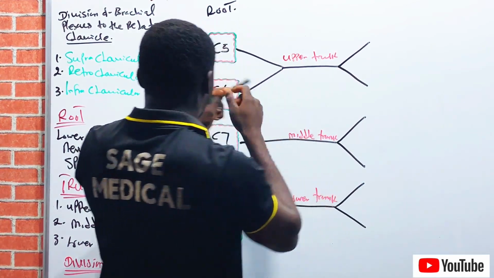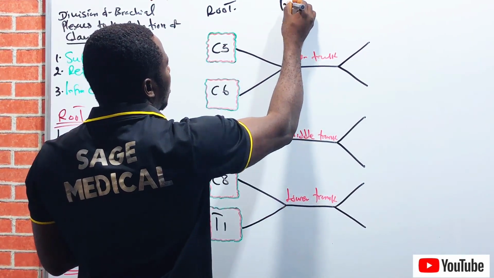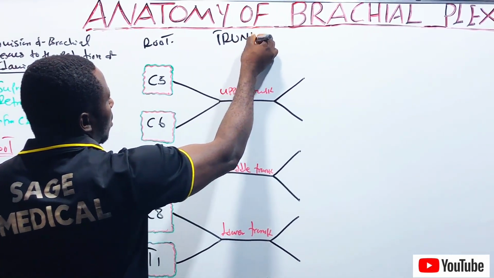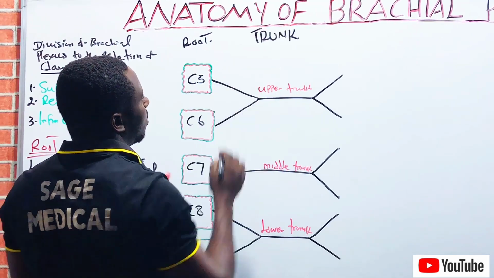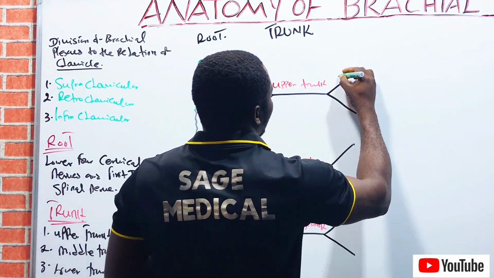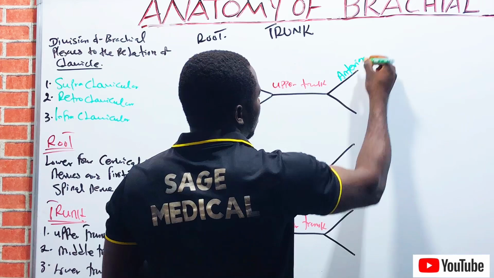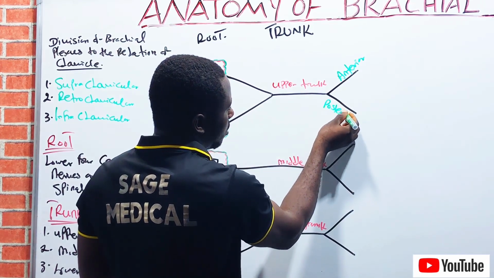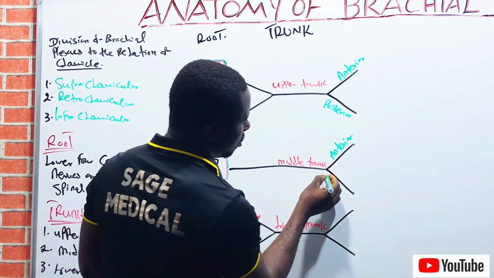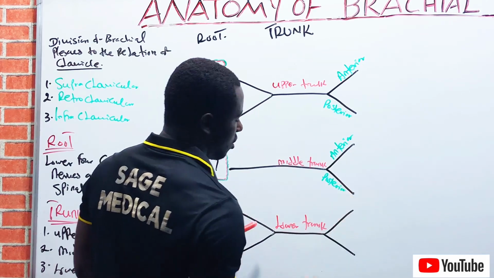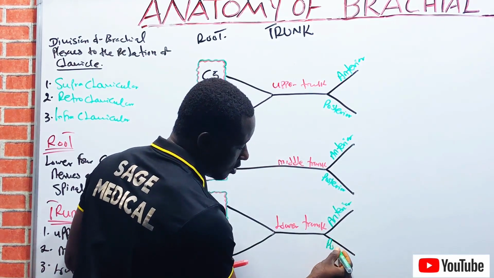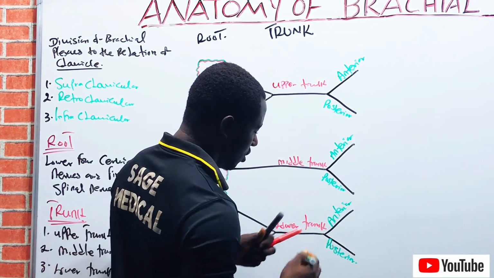Recall that this is our trunk. We have the anterior division and the posterior division.